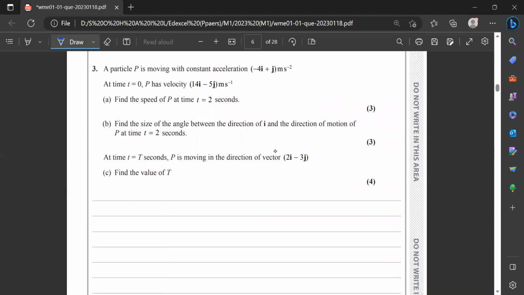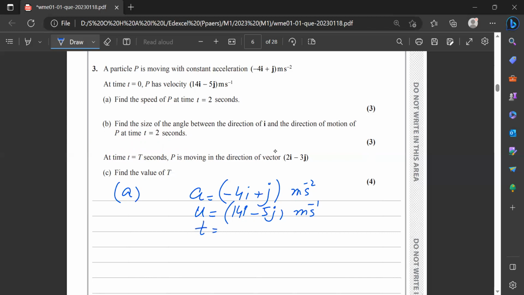So simple. For part a, you're given the acceleration, and that acceleration is minus 4i plus j meters per second squared. Initial velocity is 14i minus 5j meters per second.